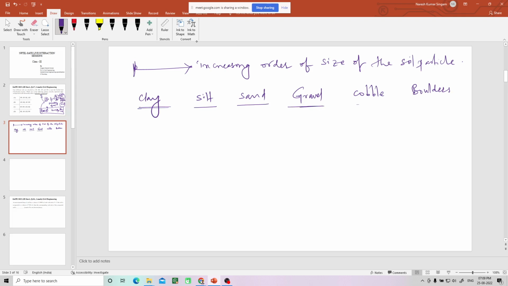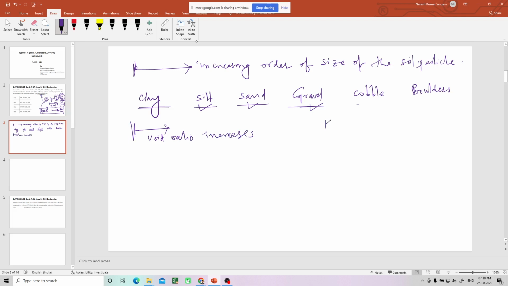Void ratio will be more for more grain size particles. So gravel will have more void ratio compared to sand, and sand will have more void ratio compared to silt. Like that, void ratio increases in this direction.